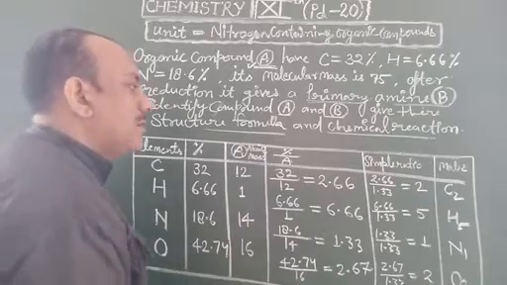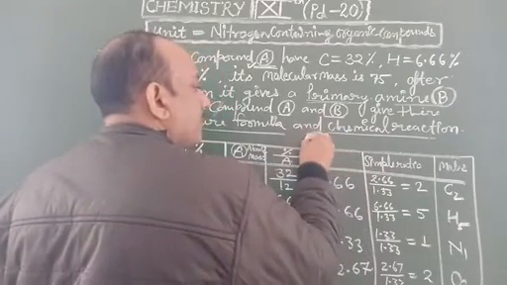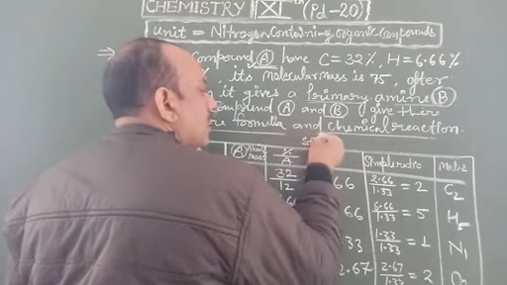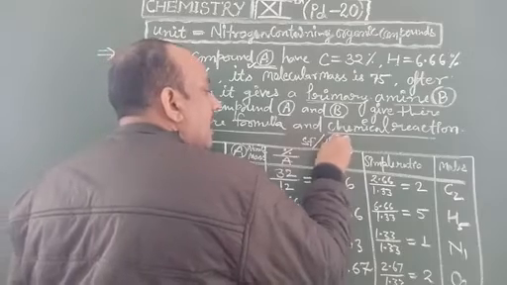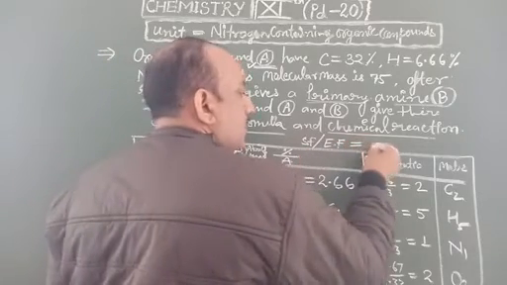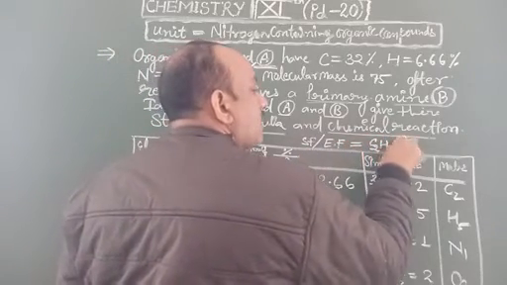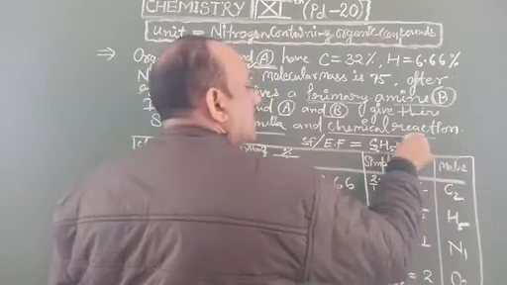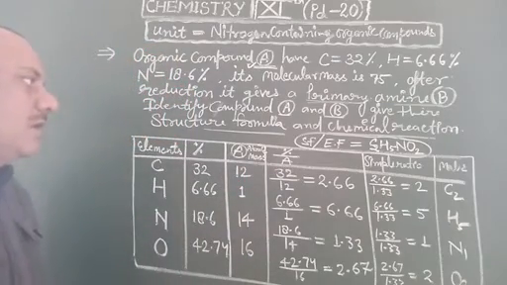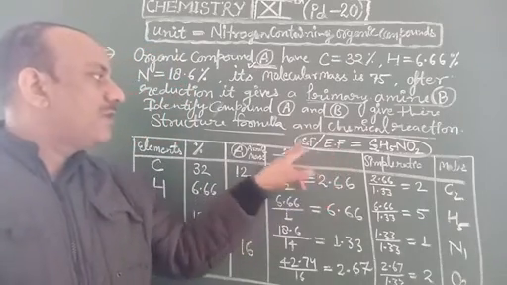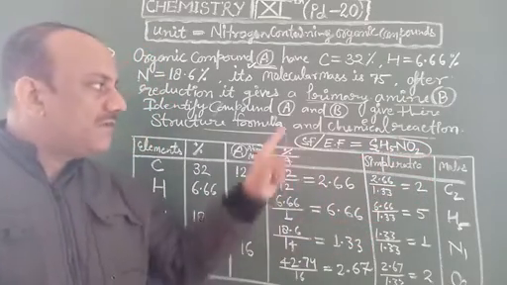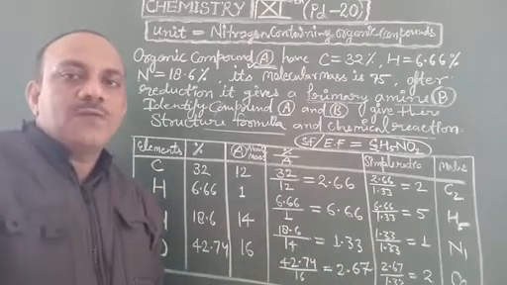So the empirical formula of the compound, also called the simple formula, denoted by SF, or empirical formula, denoted by EF, equals C2H5NO2. This is the first step of this question. With the help of the empirical formula, we find the molecular formula. Then we go on to the second step, the chemical reaction.